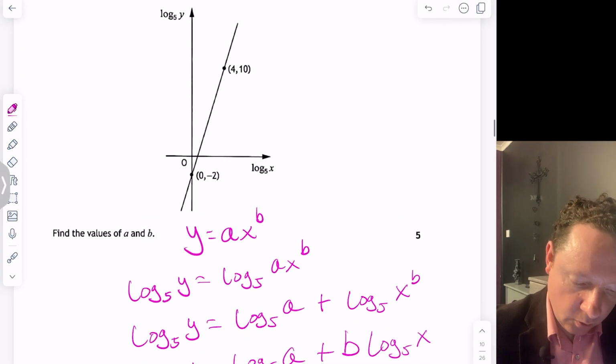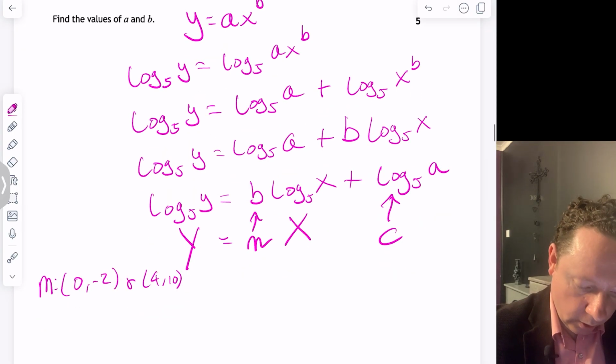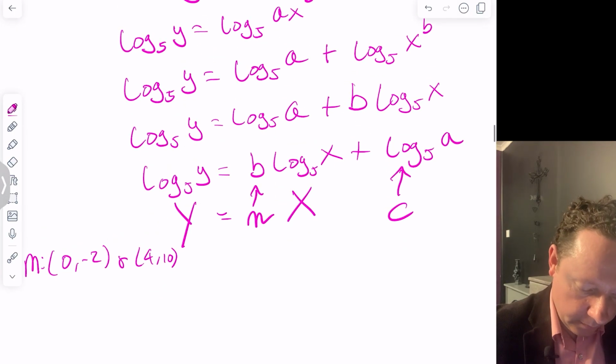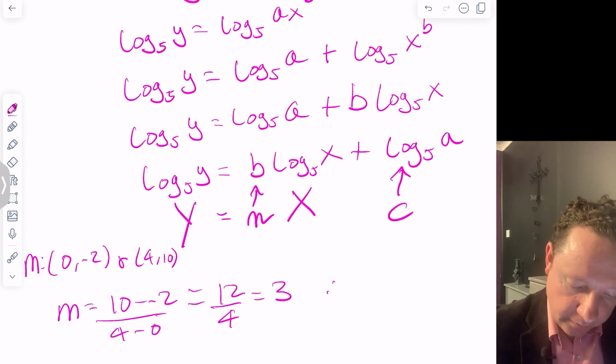Well, I've got 2 points, (0, minus 2) and (4, 10). So my gradient equals 10 minus minus 2 over 4 minus 0, that's 12 over 4, that's 3. So that means that to answer the question, b equals 3.